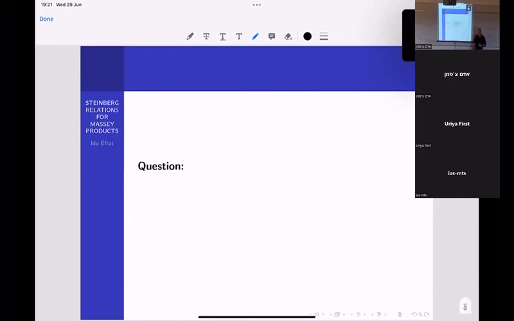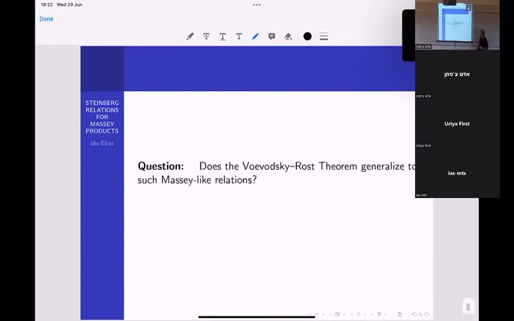Now we have other kinds of Steinberg relations related to these external cohomology operations, Massey products. So I wonder whether the Voevodsky-Rost theorem can generalize in some Massey-like relations, these pullbacks or these homomorphisms.